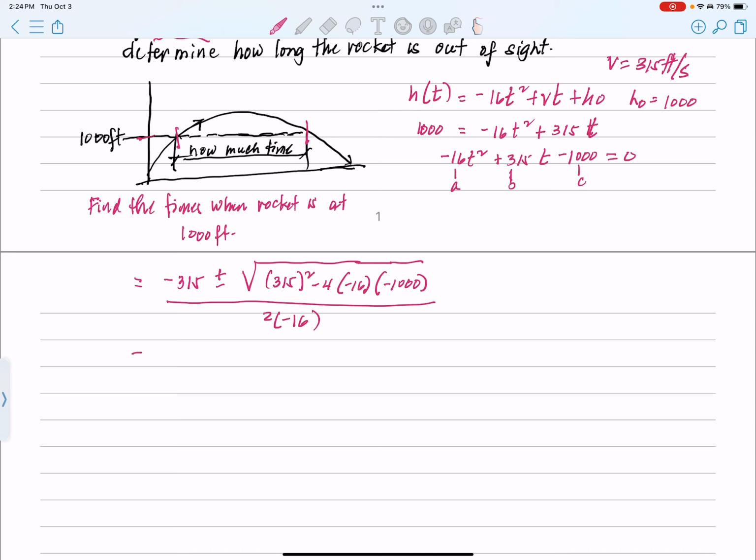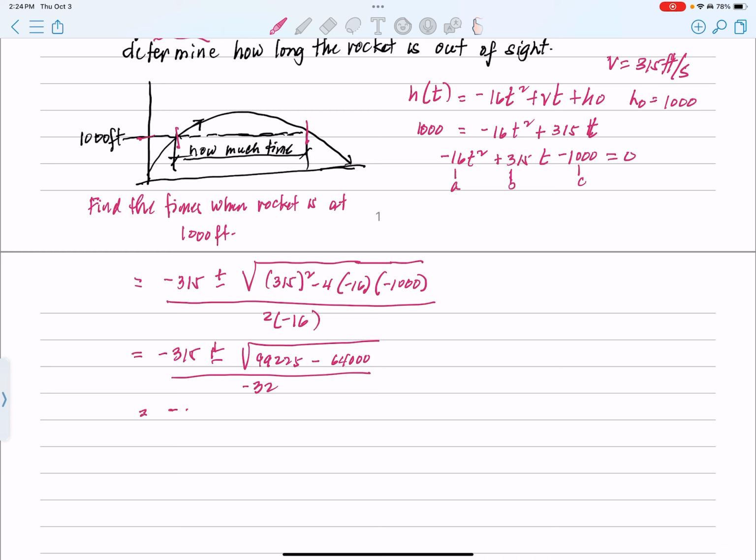Simplifying, I'm going to have negative 315 plus and minus the square root of 315 squared, that is 99,225, minus 64,000, which is 4 times 16 times 1,000. Overall, 2 times negative 16, that's negative 32. Let's simplify more.